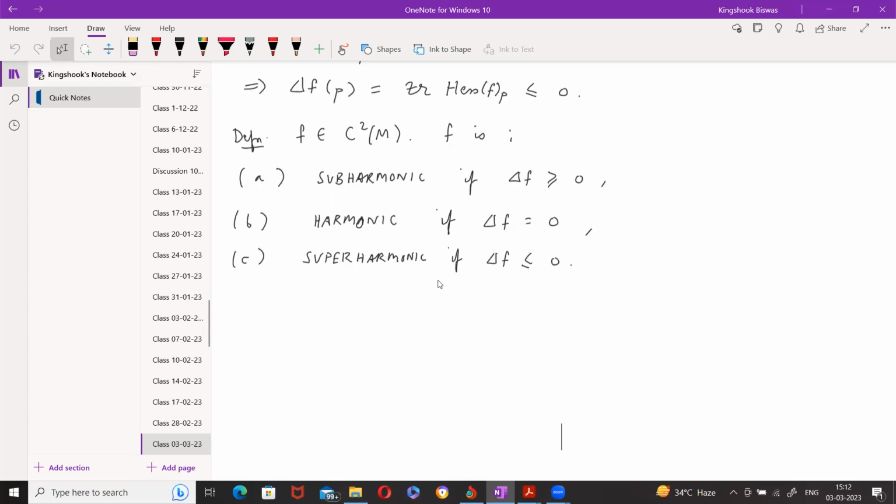Instead, you need to take another measure on the geodesic sphere, which is called the harmonic measure, which in general is not equal to the Lebesgue measure. And then the value at the center is equal to the average with respect to harmonic measure.